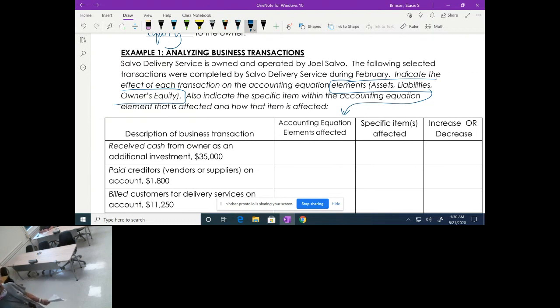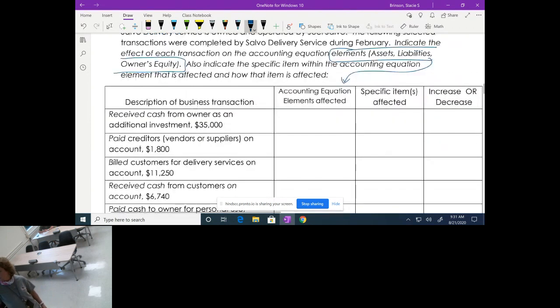Is it accounts payable? Is it a withdrawal? Is it revenue? That's what this means here. So we've got two things to do, and then we have to indicate, is there an increase or a decrease in that element? So let's see, within the accounting equation, the element that is affected and how that item is affected.